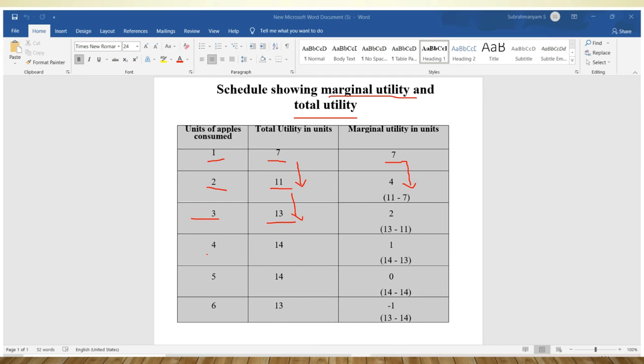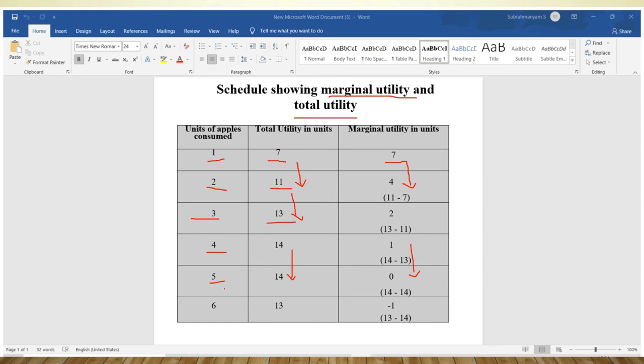Suppose he consumed the fourth apple. It is the same case as the third. Suppose he consumed the fifth apple. Total utility does not change, that is, from 14 units to 14 units only. Marginal utility decreases from 1 to 0.